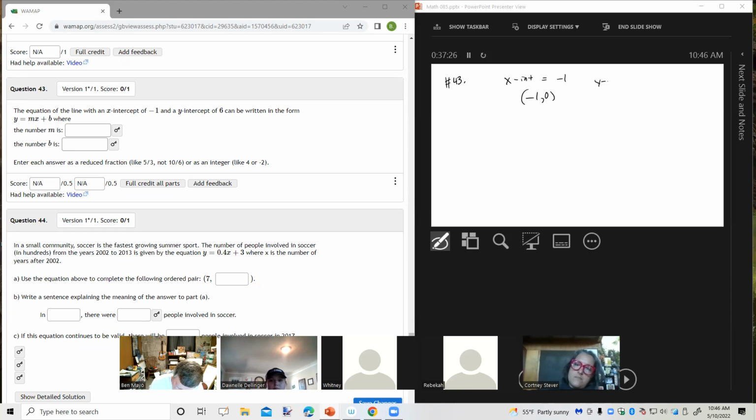The y-intercept is 6, so that's the point 0, 6. So we now have 2 points that are on that line, okay? We need to come up with y equals mx plus b. To find the slope, we can take these 2 points, call them point 1 and point 2, and use the slope formula.